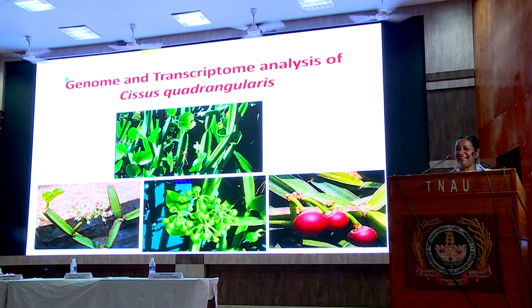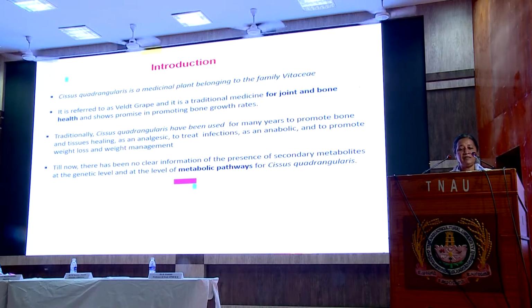And I understand in TNAU we have a beautiful rich resource of Cissus. We have plants which have 3-fold symmetry, not only 4-fold symmetry. So I'm sure you have more to say about this plant than I do, than our lab does. But from the medicinal viewpoint, what is interesting is it is very well known to be used in the case of bone health.